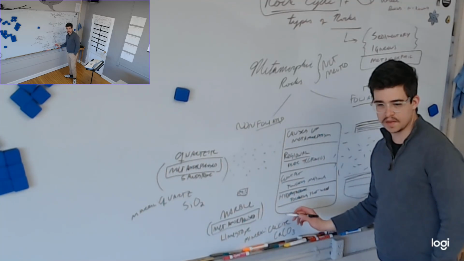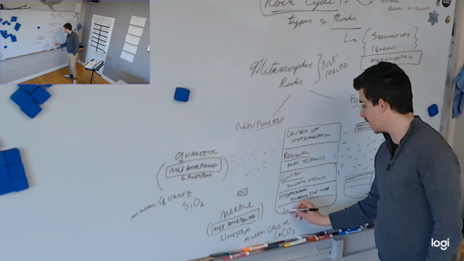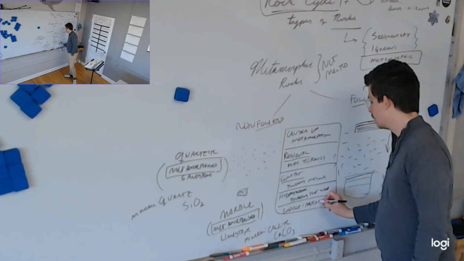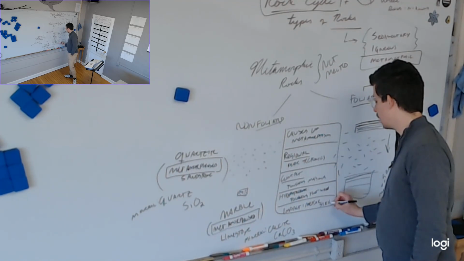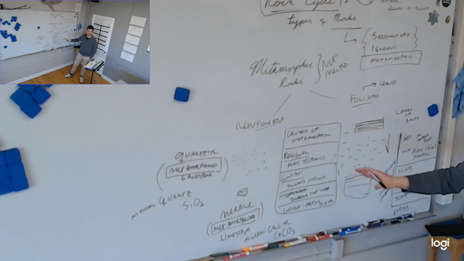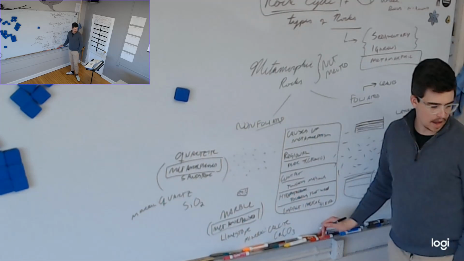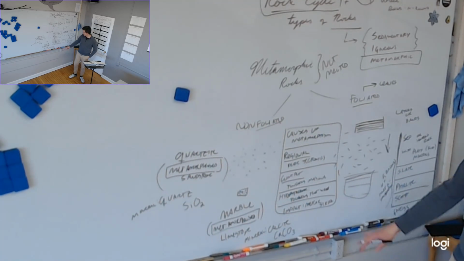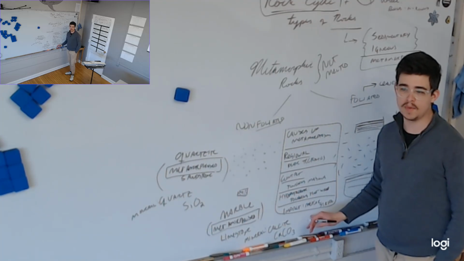And the last one, which I think is the coolest, is called impact, which is where a meteor strike will cause metamorphism in an area where the meteor hits. This one's very rare. In fact, I don't know if your book talks about it at all. The old book that I used to use didn't talk about it at all because we rarely come across it. It's interesting because people do study impact craters a lot.